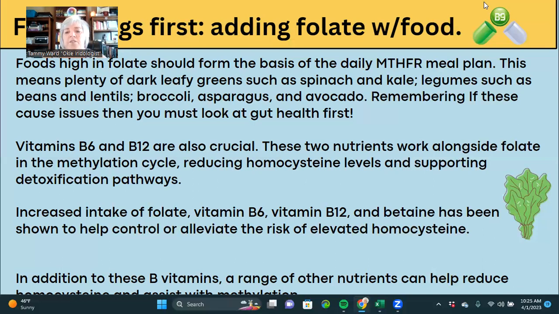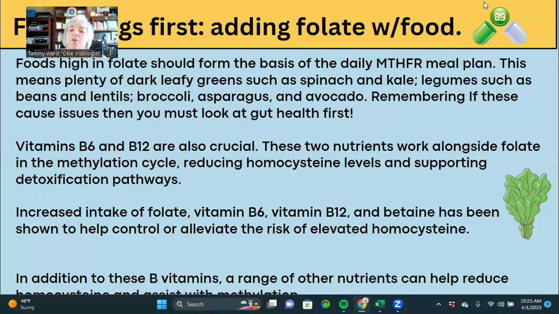These two nutrients work alongside folate in the methylation cycle, reducing homocysteine levels and supporting detoxification pathways. Now, here's a little key. With B6 and B12, what you can start doing is maybe imprinting that with your sugar pellets and taking that in so that the body starts to recognize those frequencies.